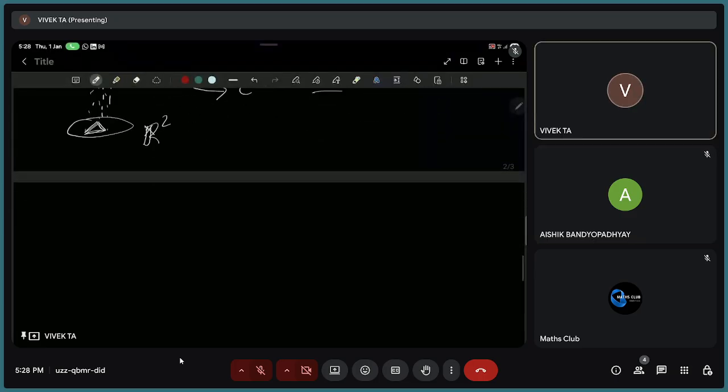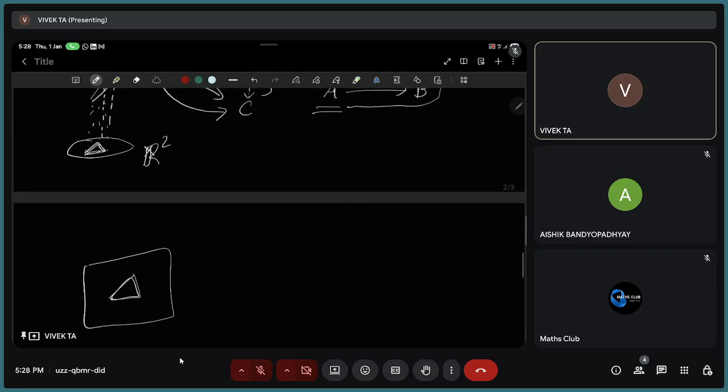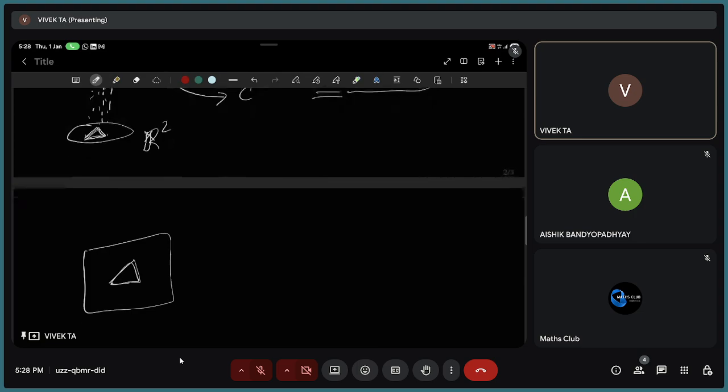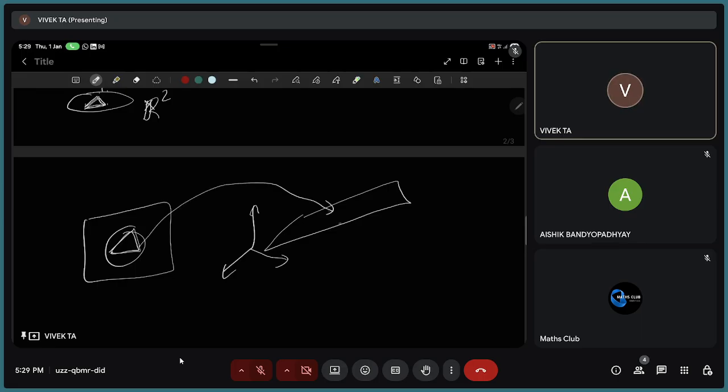Okay, so let us suppose you have R2 and you have a triangle in R2. Let's suppose it is mapped to a space B, which is a plane in R3. So you have the R2 triangle, and this is mapped to a plane in R3.